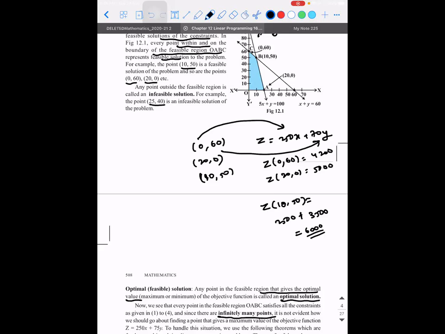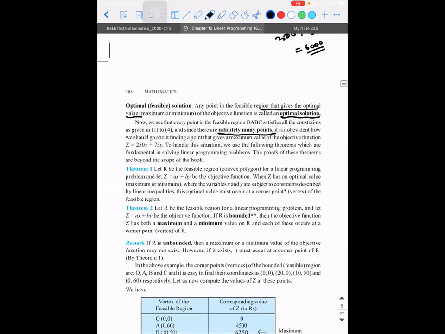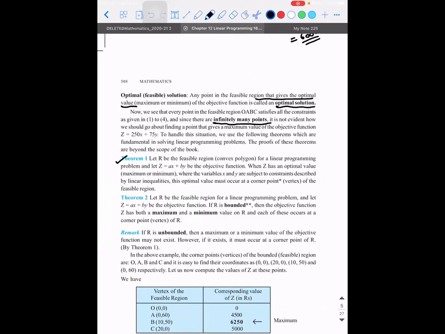Okay, that is where the theorem comes into picture. So theorem 1 states that let R be the feasible region, that is called the convex polygon, for a linear programming problem, and let Z = AX + BY be the objective function.